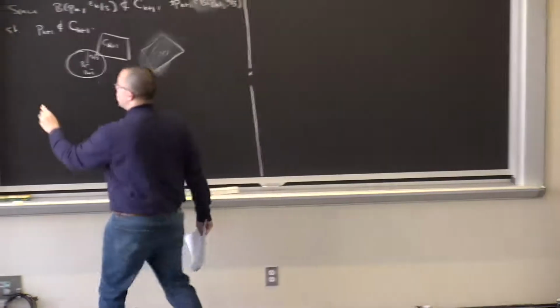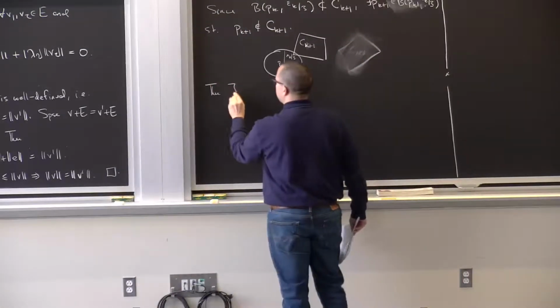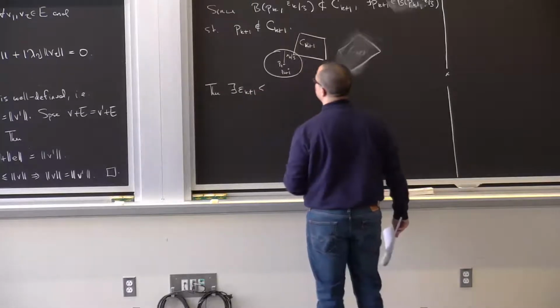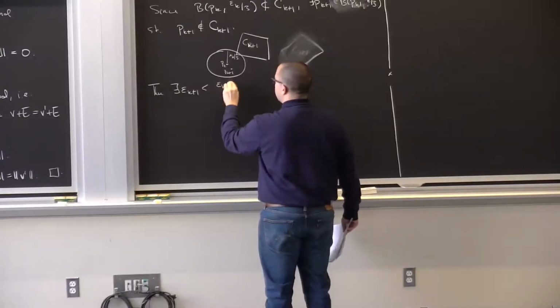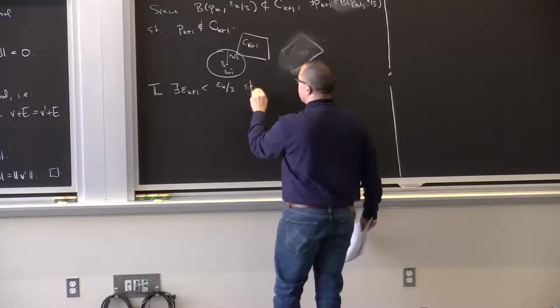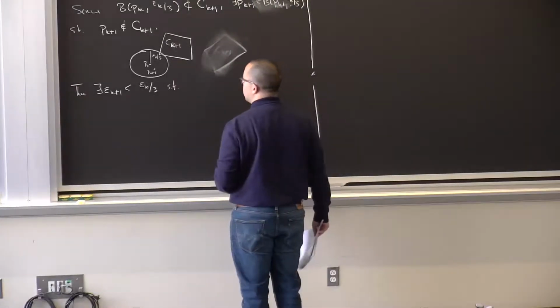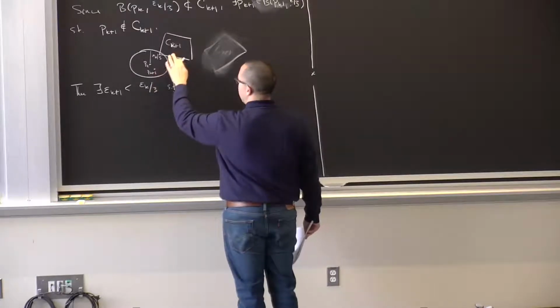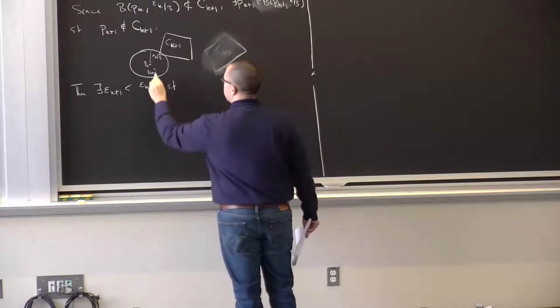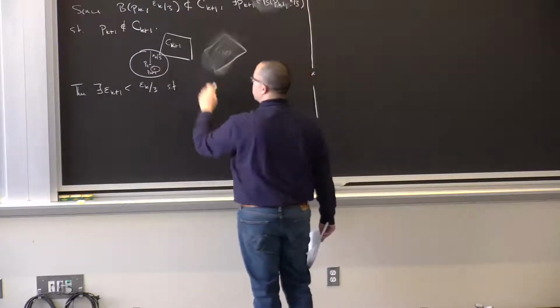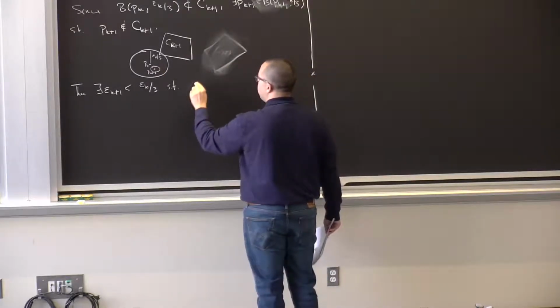So then there exists an epsilon_{k+1}, which I can choose very small, say smaller than epsilon_k over 3, such that, again, because C_{k+1} is closed, p_{k+1} is not in C_{k+1}, so I can find a small ball around p_{k+1} disjoint from C_{k+1}.